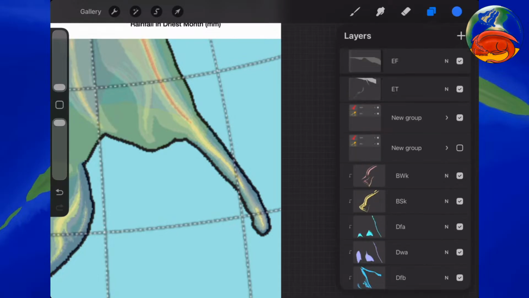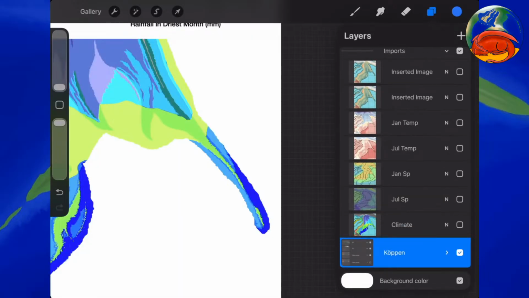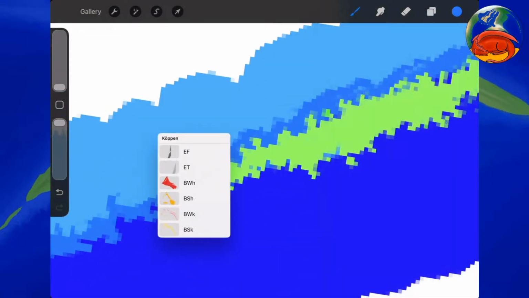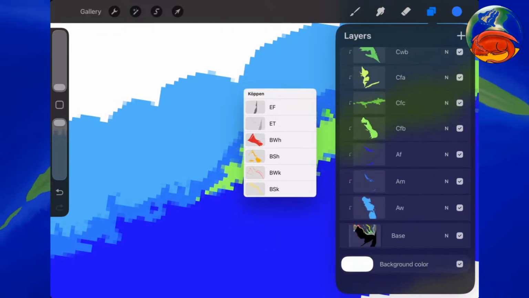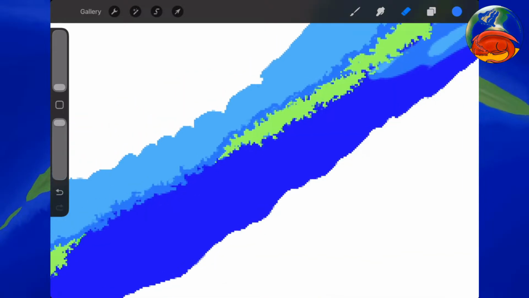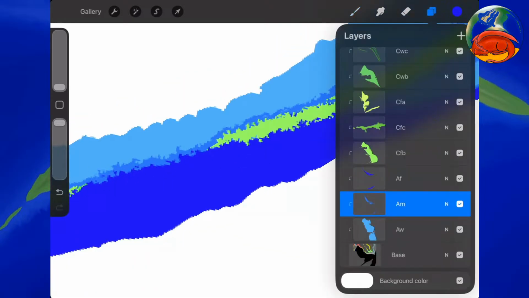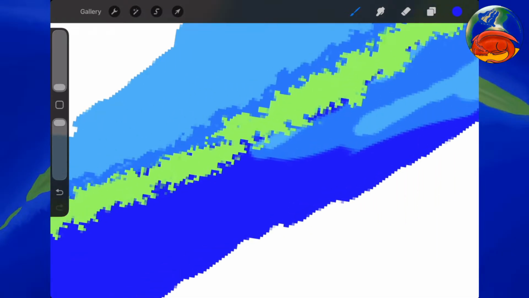Okay, now let's go to our AF layer and get that in there.